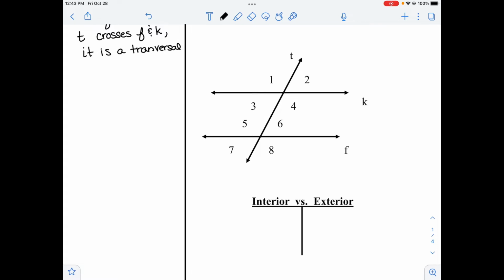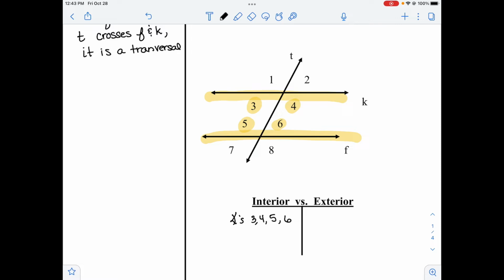So if we're thinking about in between the lines, we're thinking about in between here. So then we would have 3, 4, 5, and 6. Those are all interior angles. So let's label those. We've got angles 3, 4, 5, and 6. Those are all interior angles.